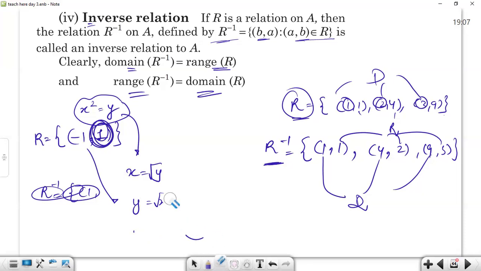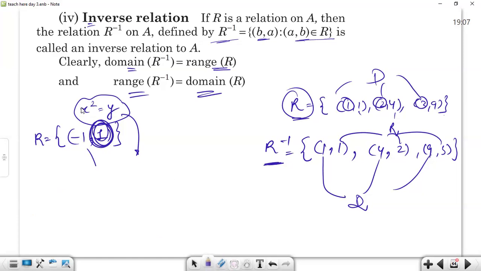Let me rewrite it simply. This was the relation where the second element was the square of the first. So if we inverse it and write it as this, here the second element is minus 1 and the first element is 1.